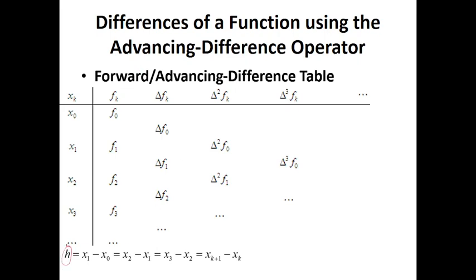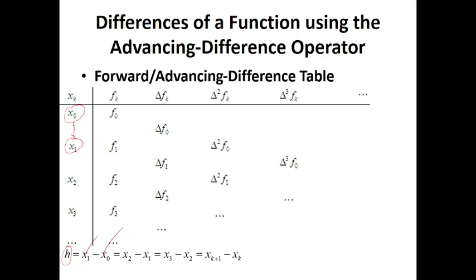We have h, which is the difference between two consecutive values of x. So we have x sub 1 and x sub 0, their difference: the successive value of x minus the preceding value, x sub 1 minus x sub 0.